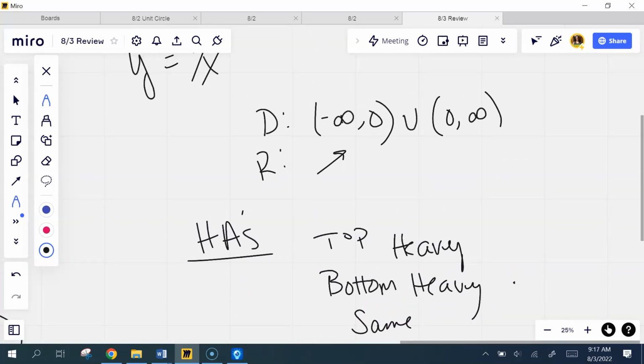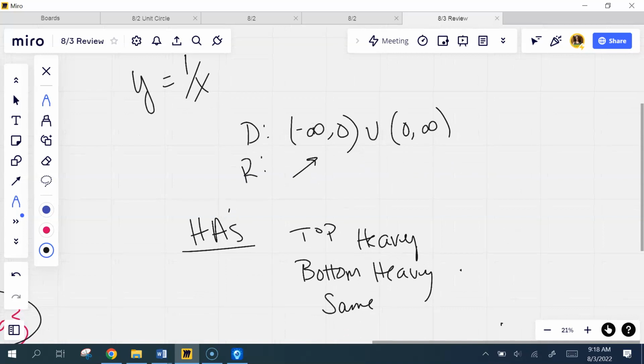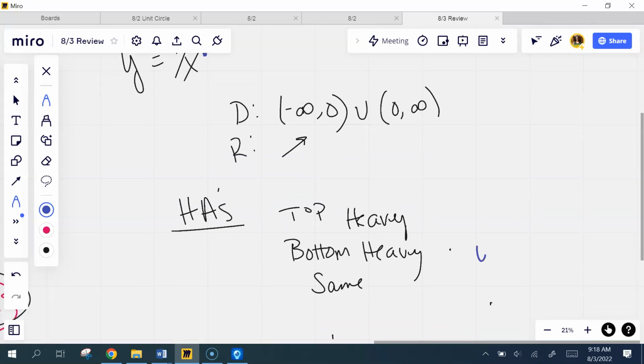I always start with this one. 1 over x, is that top heavy, bottom heavy, or same? That's bottom heavy, right? Because this has got 1, this would actually be x to the 0. So it's bottom heavy. And where's my asymptote? On 0. Bottom heavy always has y equals 0 as the asymptote.